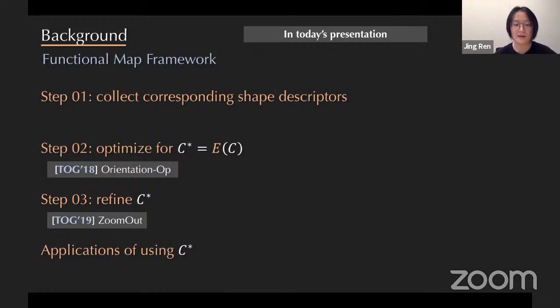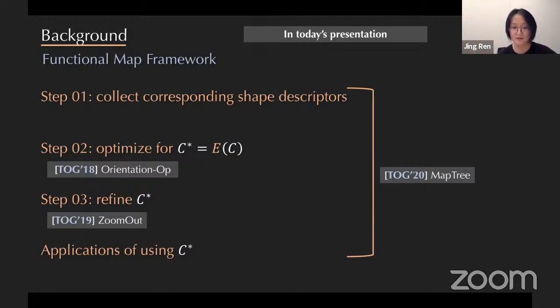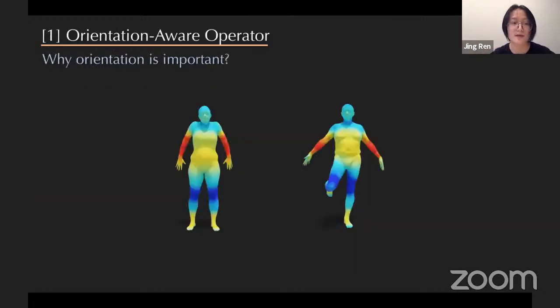It's a new refinement method that can efficiently improve the quality of any given correspondences between a shape pair. In the third project, we go through the complete process, where we systematically explore and investigate the search space of a given shape pair. Now I'm going to introduce each project in more detail.